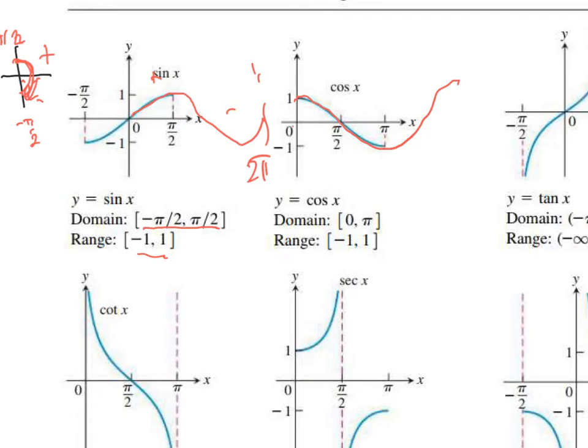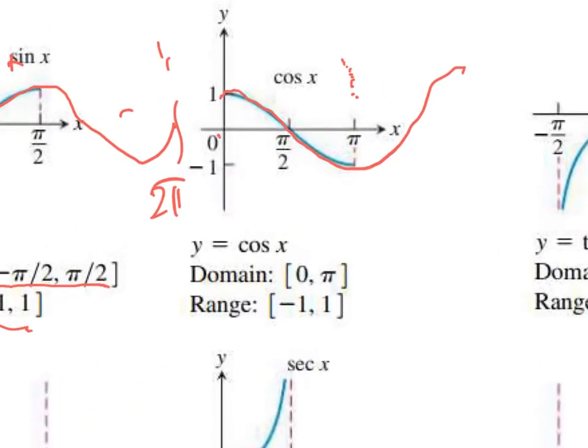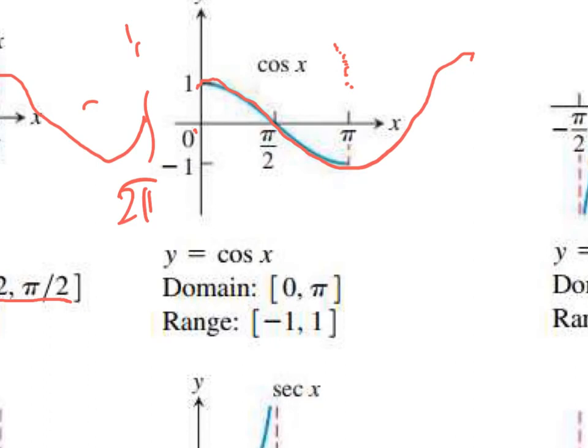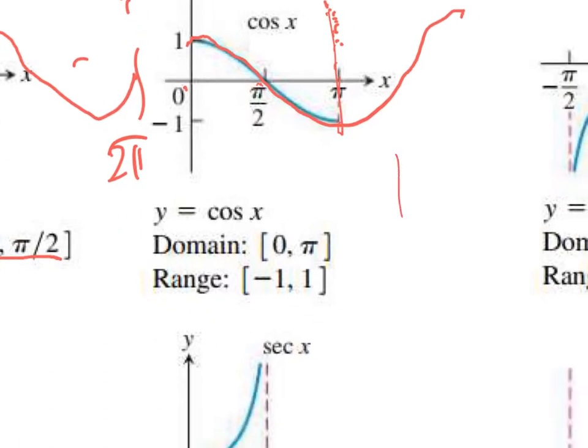However, from 0 to pi, with pi over 2 as the middle, is the primary domain of cosine. On the unit circle, it looks like this, from 0 to pi. So these two quadrants become the primary domain of cosine, because now you have positive cosines and negative cosines. The range is still -1 to 1.